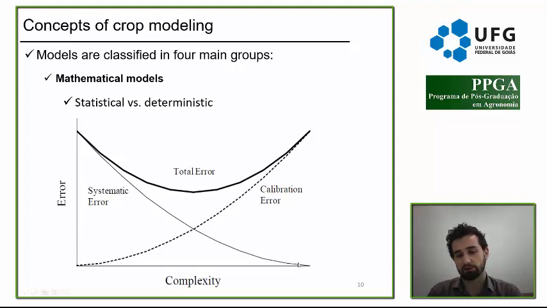But at the other point here, for models that are too complex, with a lot of complexity, I am representing our system very well because I'm including the biochemical relationships, all relationships that you have in the plant, all variables that you can look at in the soil, each specific interaction. So we don't have a systematic error, but we have a high calibration error.